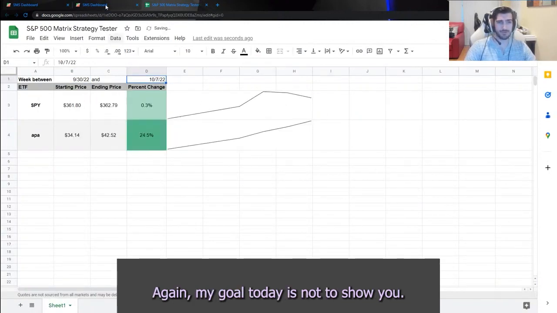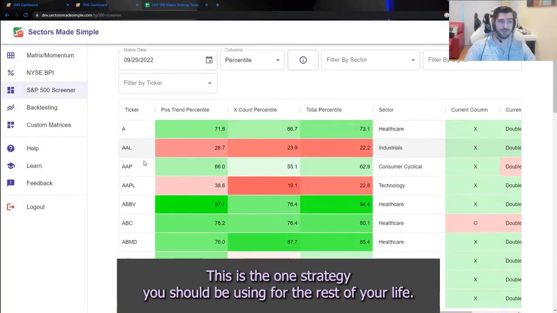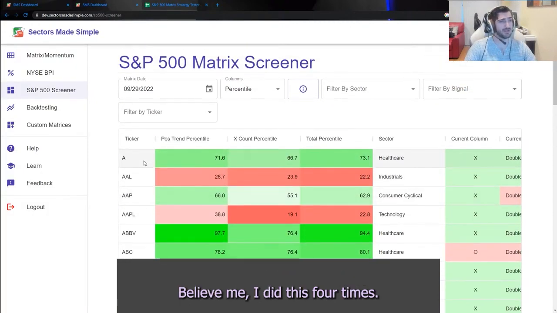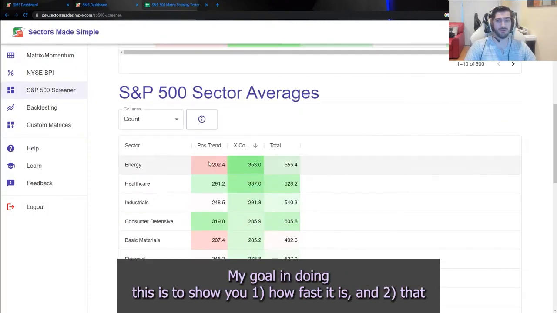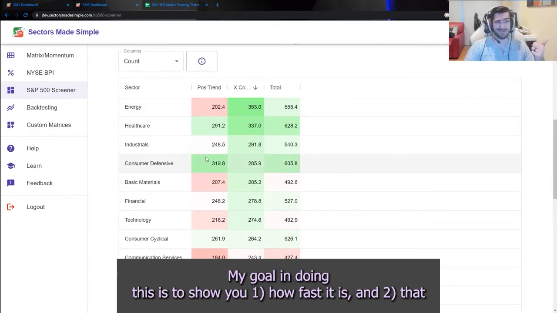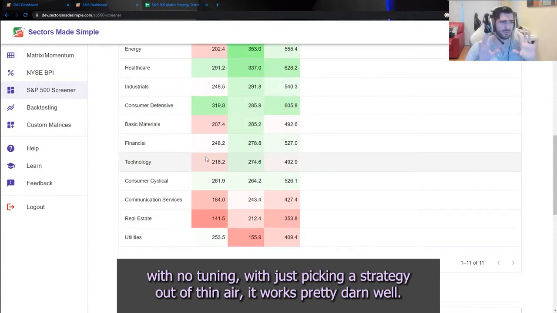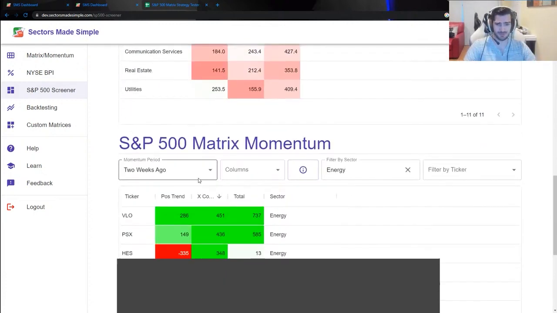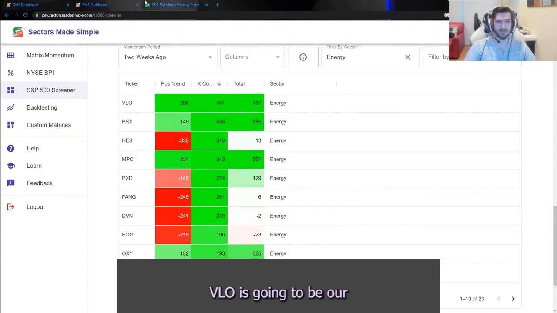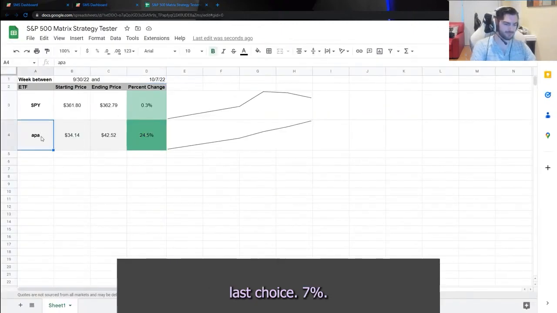Again, my goal today is not to show you this is the one strategy you should be using for the rest of your life. Believe me, I did this 4 times. My goal in doing this is to show you, 1, how fast it is, and 2, that with no tuning, with just picking a strategy out of thin air, it works pretty dang well. VLO is going to be our last choice. 7%.